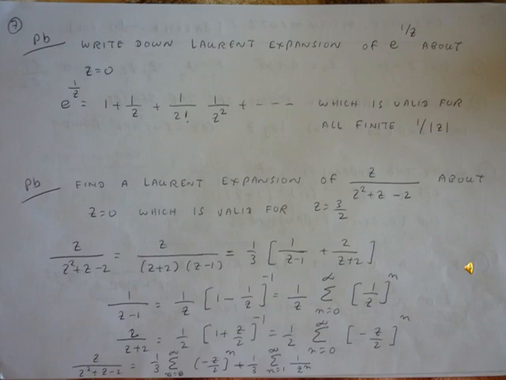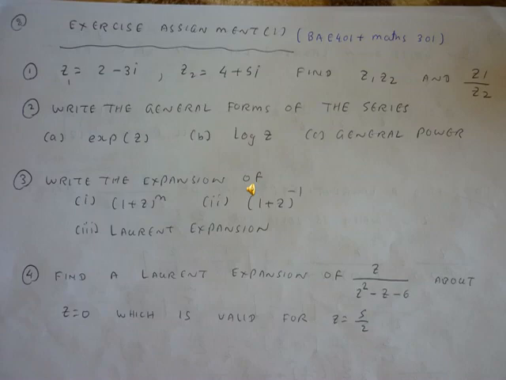Based on those explanations and theoretical lectures, you have to do this assignment. Exercise assignment number 1 for BAE401 and Math 301. Question number 1: z1 equal to 3 minus 2 minus 3i, z2 equal to 4 plus 5i. We have to find z1 z2 and z1 divided by z2.